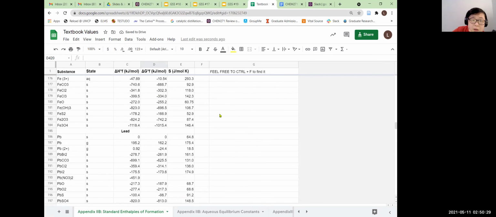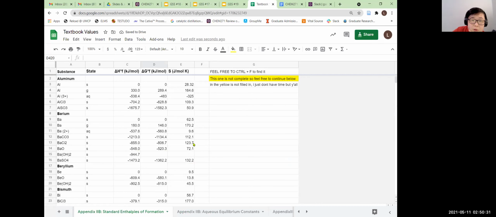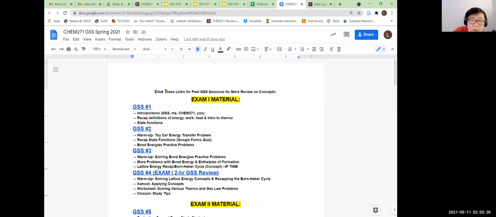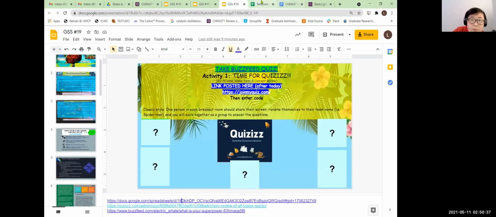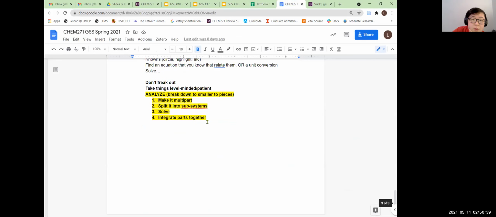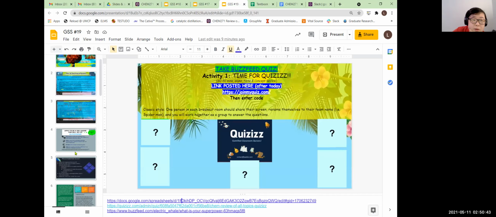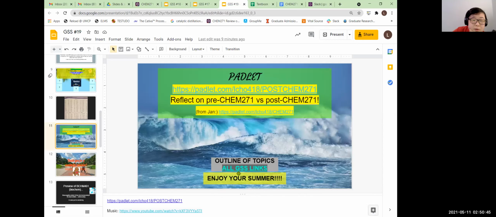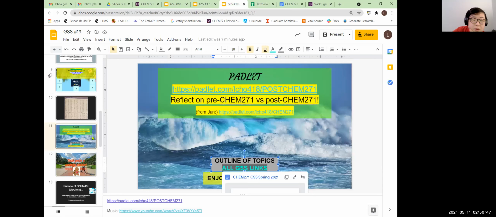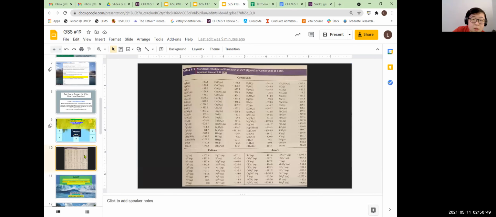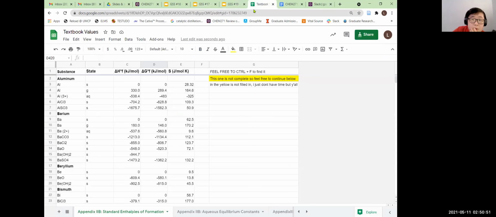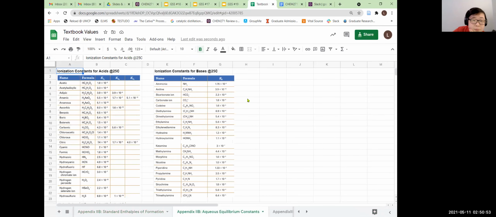It took me a long time to type these values from your textbook, but it'll be quick if you guys finish that up. Here's the overall outline of all the topics. I think it's in GSS 19, on the very last slide. Right here, outline of all topics, and you can click that. But you can see right here the textbook values.